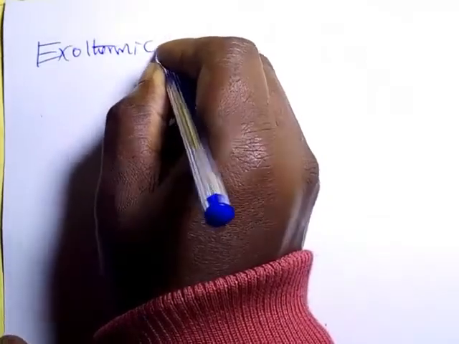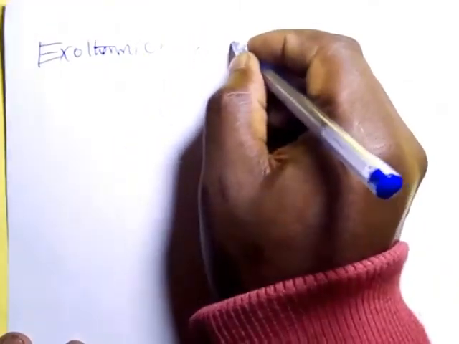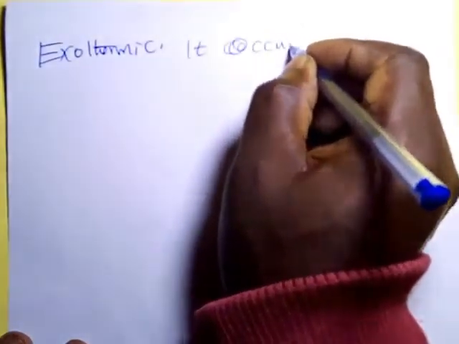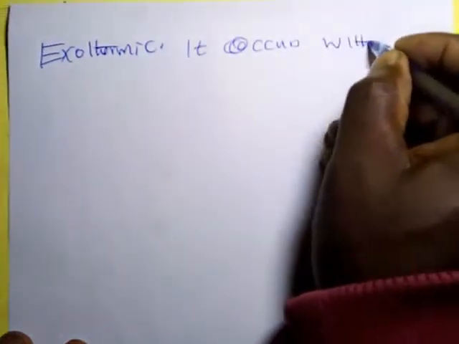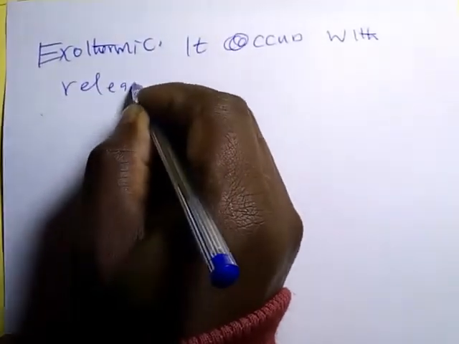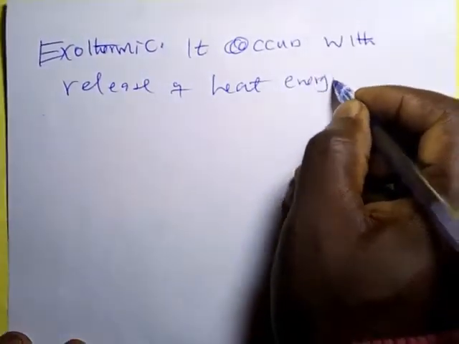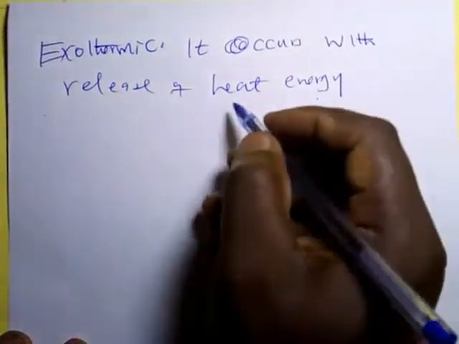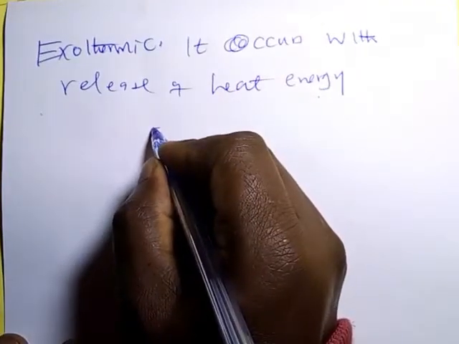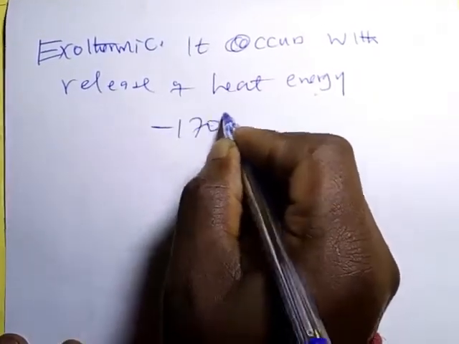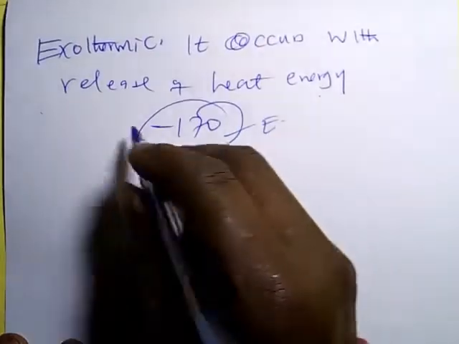What is the explanation? The reaction occurs with release of heat energy. How did I know this? We have the final overall reaction to be negative 170, therefore the reaction is exothermic.